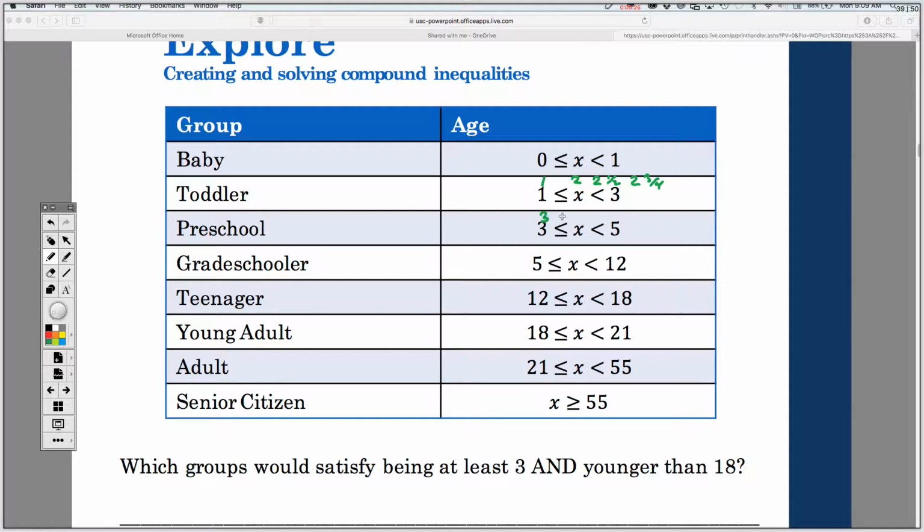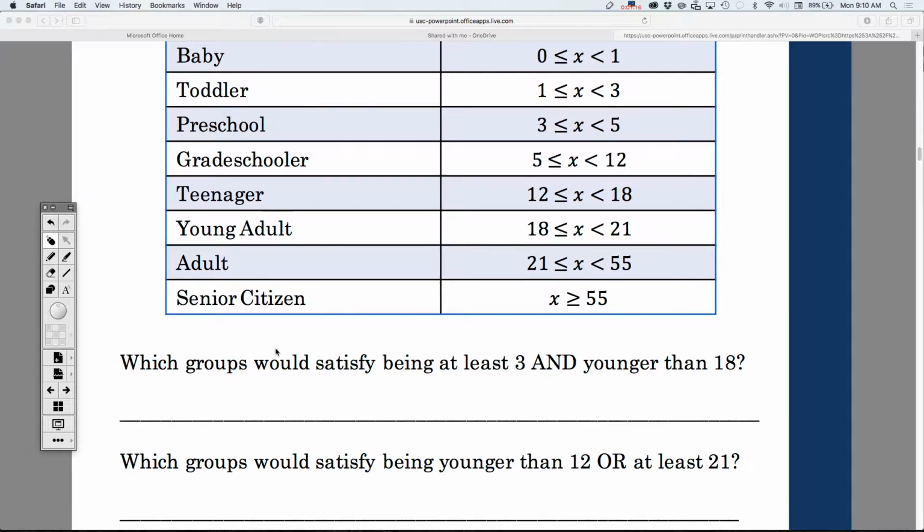This one does include 3, 4, but doesn't include 5, and everything in between 3 and 5, but not including 5. Okay, in between 5 and 12, this one includes, but it does not include 12, and so on. So after you learn how to read those, let's answer the questions.